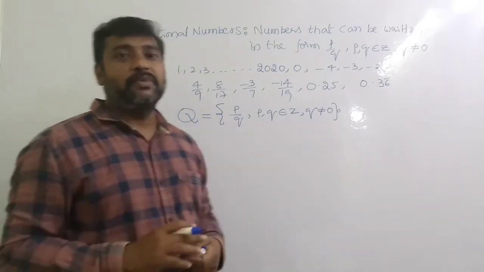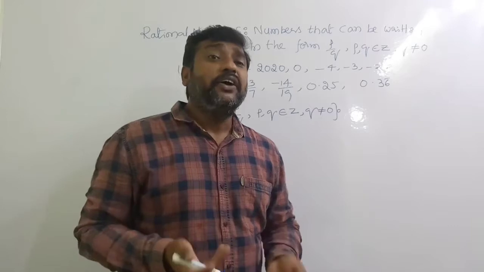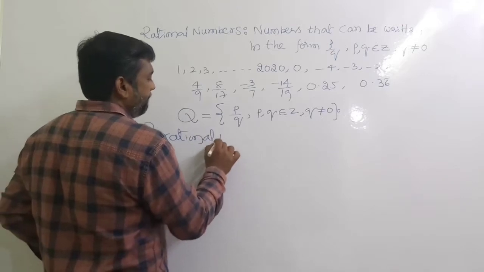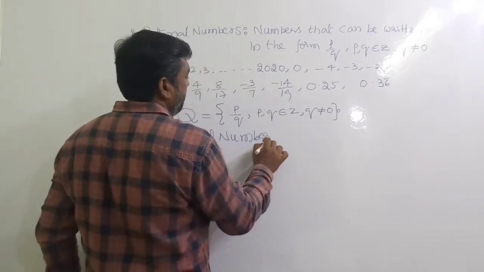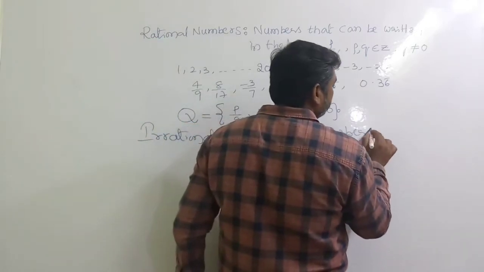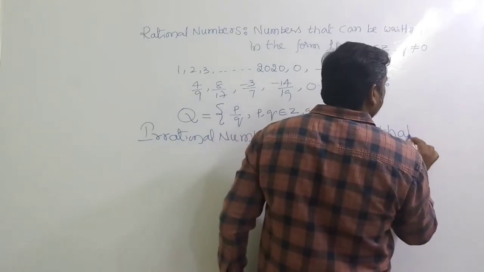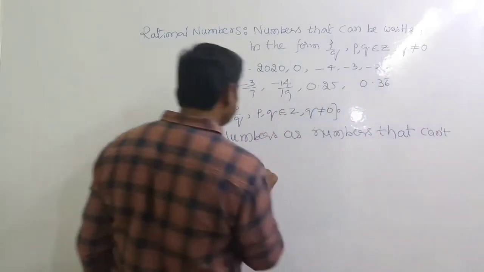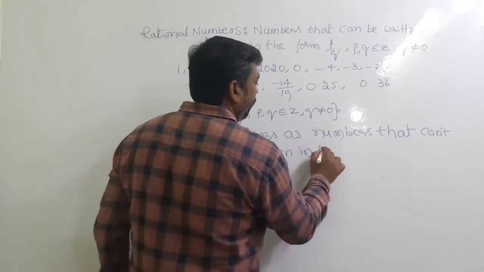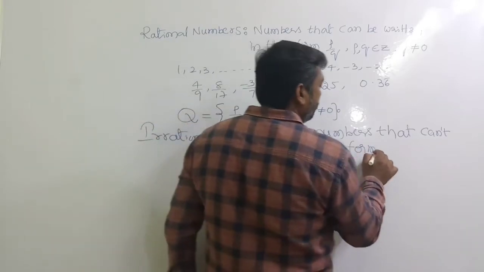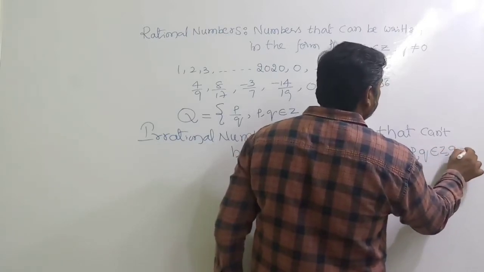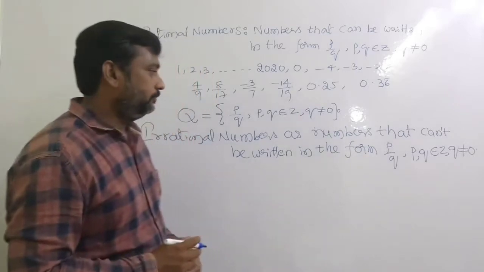And what do you call numbers that are not rational? You call them irrational. So we can define irrational numbers as numbers that cannot be written in the form p by q, where p and q are integers and q is not equal to 0.